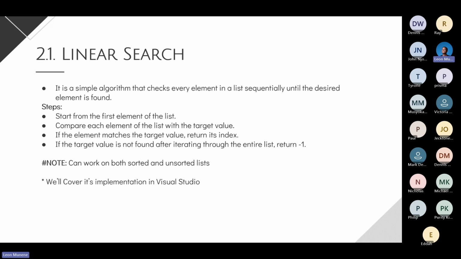We will cover the implementation in Visual Studio after this slideshow, and I'll show you how to implement linear search in Python. You can follow along. The same way I write it in Python, it could be written in C++, Rust, JavaScript, or any other language, in basically the same format.